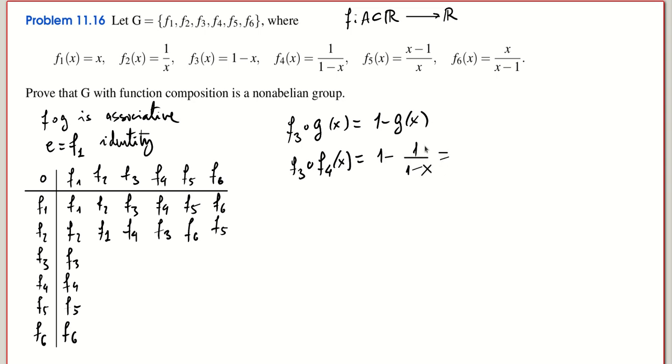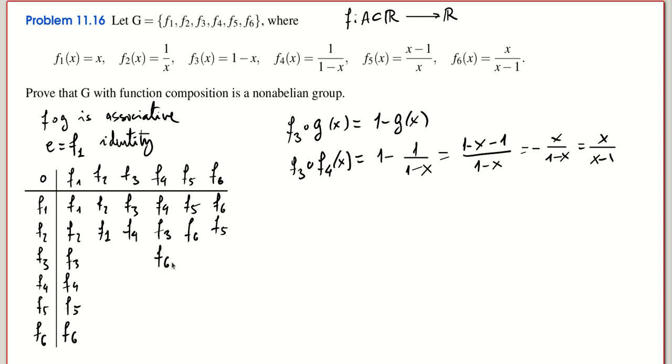If you reduce to a common fraction, this is 1 minus x minus 1 divided by 1 minus x. This is minus x over 1 minus x, which is x over x minus 1. And if we go to here, we see that this is f6. So f3 composed with f4 is f6.